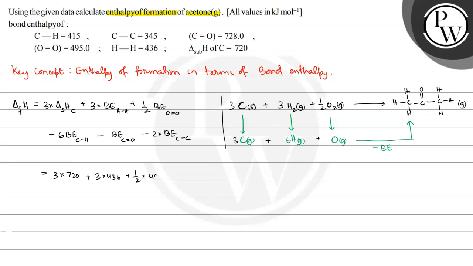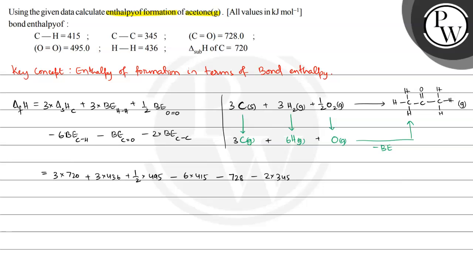Half into 495 minus 6 multiplied by bond enthalpy of CH, that is 415. 6 into 415 minus bond enthalpy of C double bond O, that is 728, minus 2 multiplied by bond enthalpy of C single bond C, that is 345.